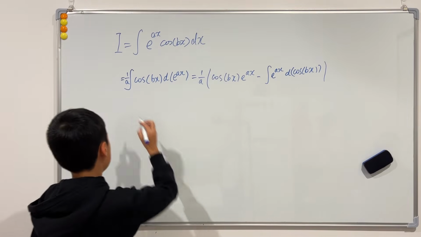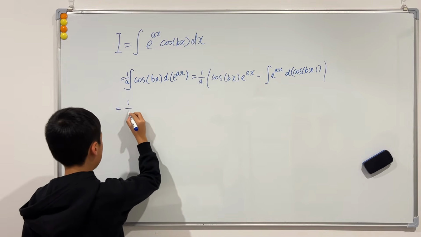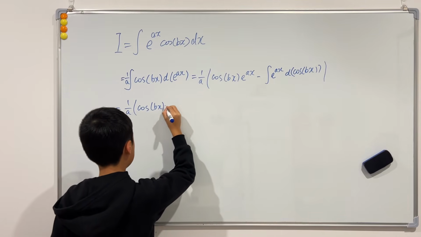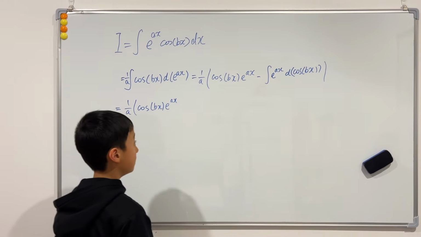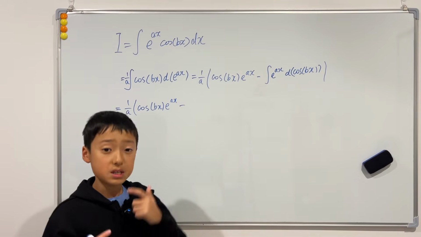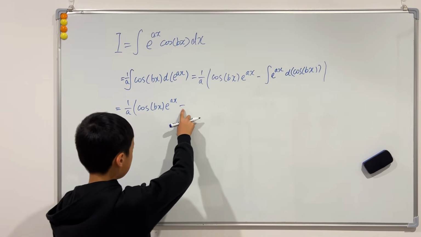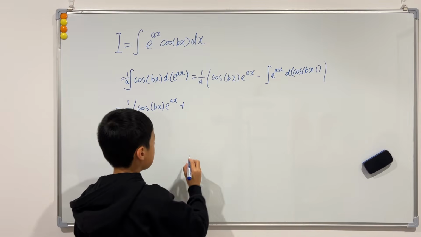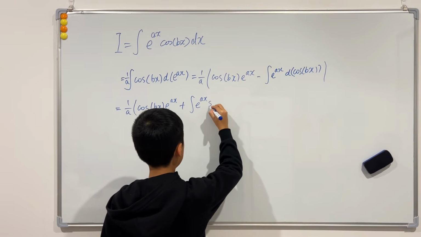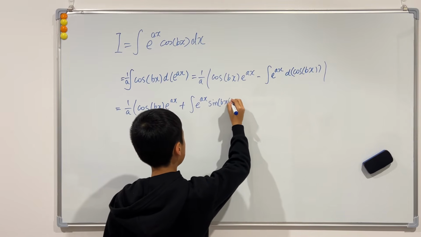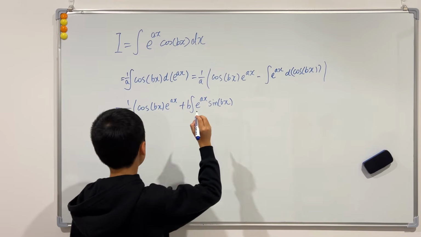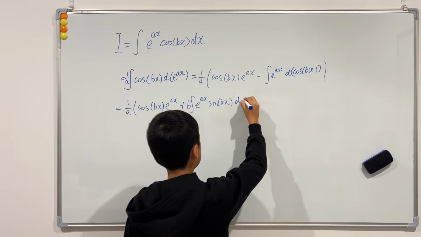So if we solve this, then it will be 1 over a times cosine of bx e to the ax, then minus the derivative of this, which is just negative b sine of bx. So then this negative and this negative will become plus integral e to the ax sine of bx. But because of the chain rule, you have to multiply by b dx.